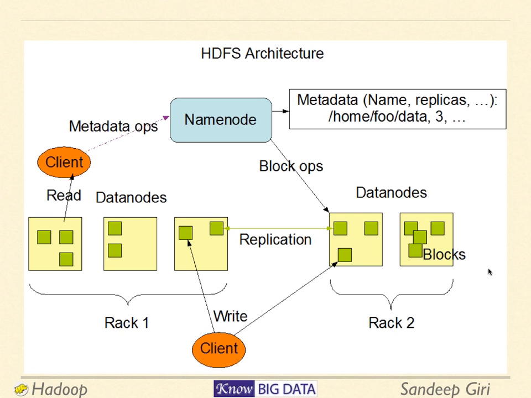All you need to do is give the newer node the same IP as the previous one, or the same name in case you have a DNS. So this manual intervention is required. It's not like 100% immediate failover. There could be a difference of a few milliseconds or seconds or minutes, depending on how fast you can update your DNS entry, the domain name service entry.